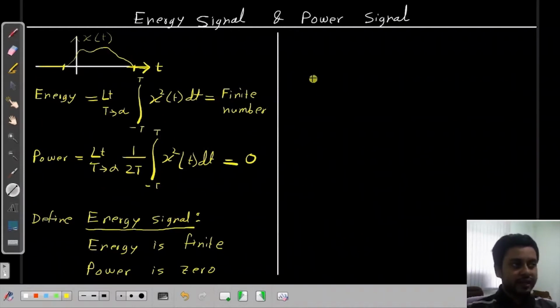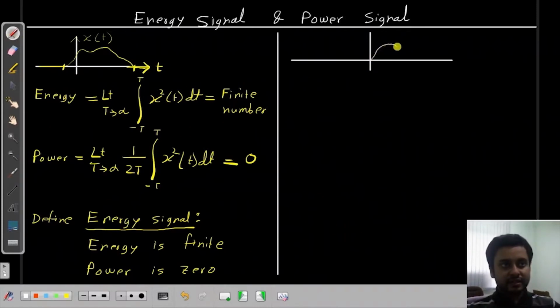Now on the other hand, consider a signal which is, for example, periodic, say sine omega t. It continues on both sides, starting from minus infinity to plus infinity.